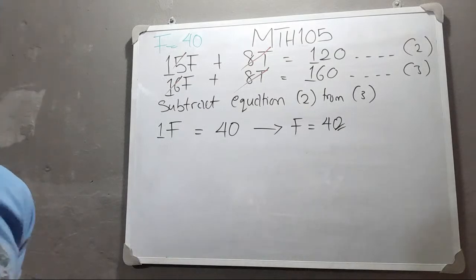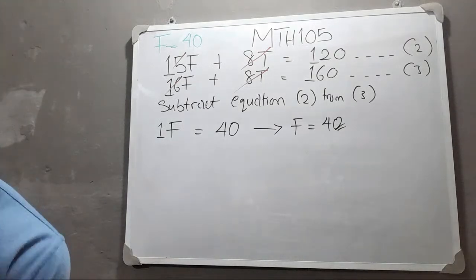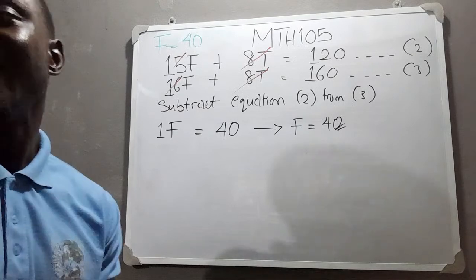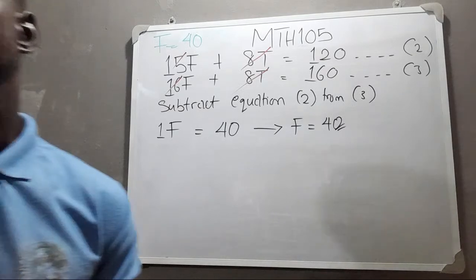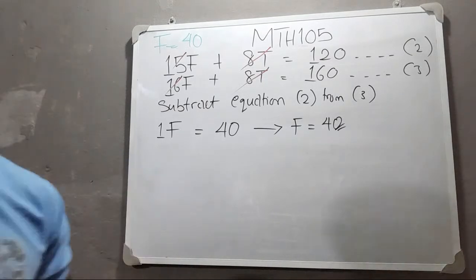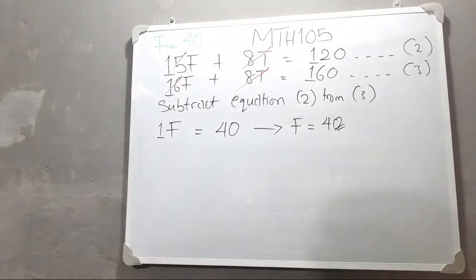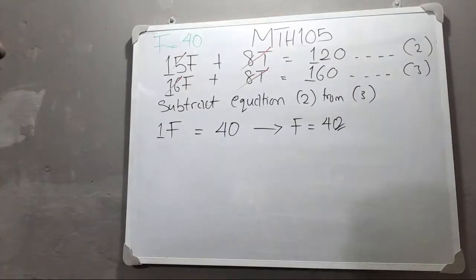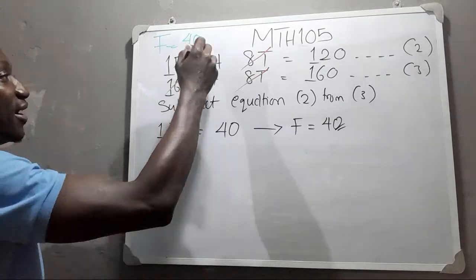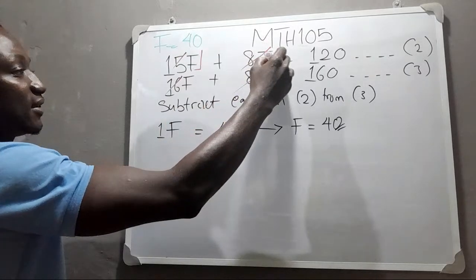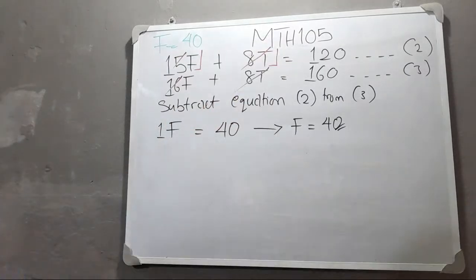Let me keep that somewhere. And so now the next thing we are doing is that we are going to substitute for f in order to get t. Let's not forget we have two of them, f and t.